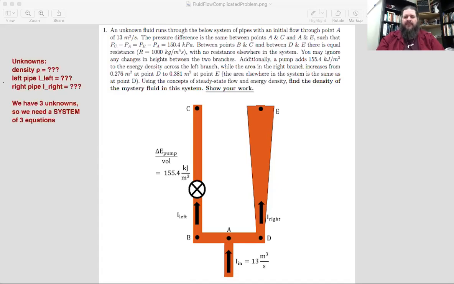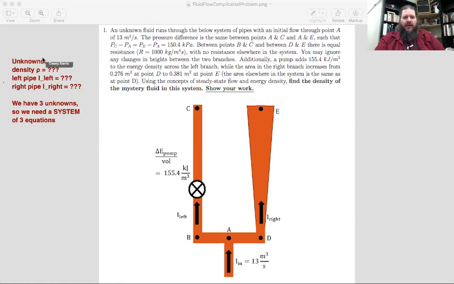If we can establish a system of equations with 3 equations in it, that is 3 facts about how these are related, then we should be able to solve for those 3 unknowns. If the equations are nonlinear, then that can complicate things. But as long as you've got 3 linear equations, you can find a solution. If some of them are nonlinear, it may at least be possible, but there might be multiple solutions, or there might be no solution. But let's start by trying to write out the equations.